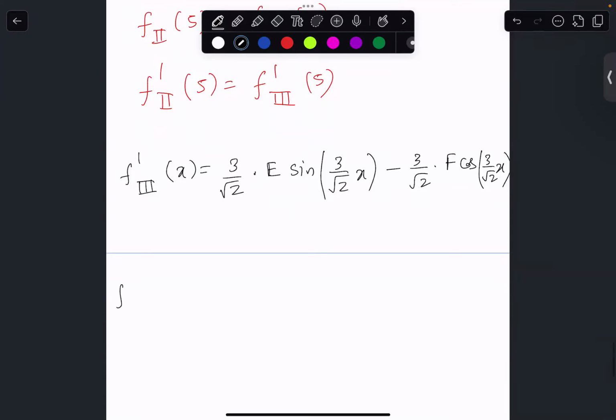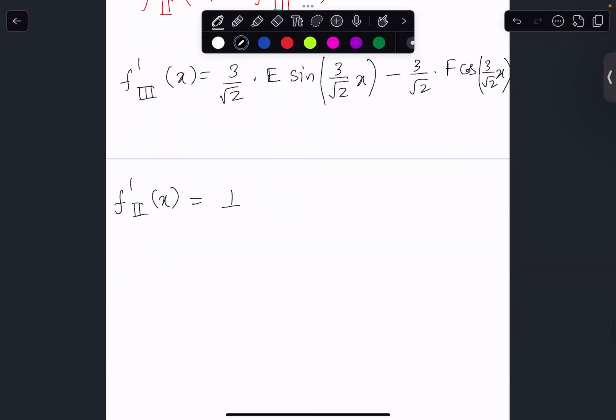And let's rewrite f prime in region 2 of x, that we remember is 1 upon square root of 2 c e to the power x upon square root of 2 minus d e to the power minus x upon square root of 2.